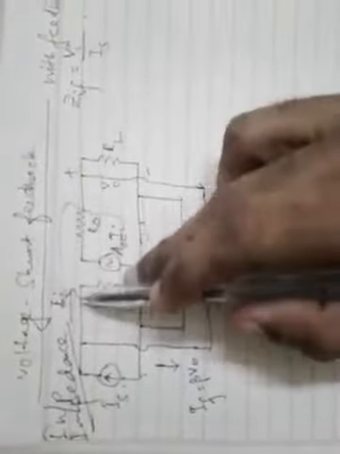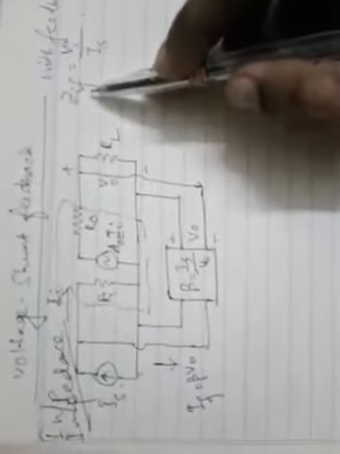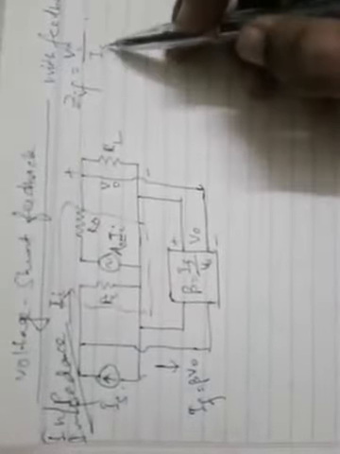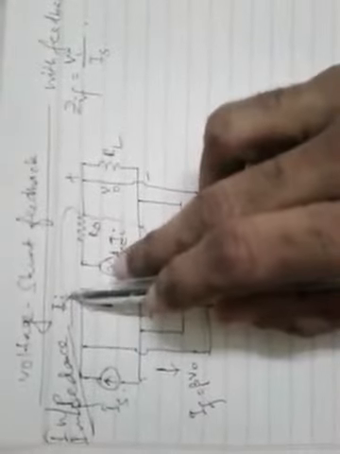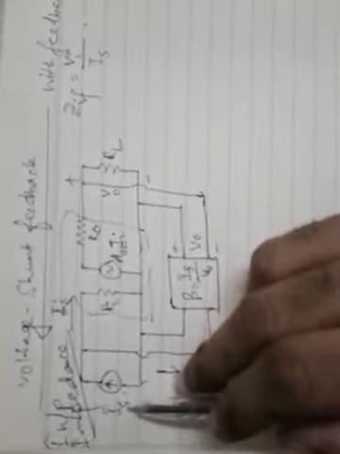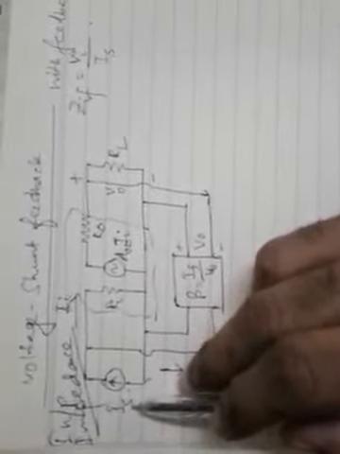So input voltage by input current is input impedance with feedback, and since it is with feedback, we have taken Is as the overall input, because otherwise we would have had to take Ii had it been without feedback. Had it been only Zi, with no F, this Is should be replaced by Ii. But here, since we are considering feedback, the overall input to the system should be considered. So ZIF can be written as Vi by Is.